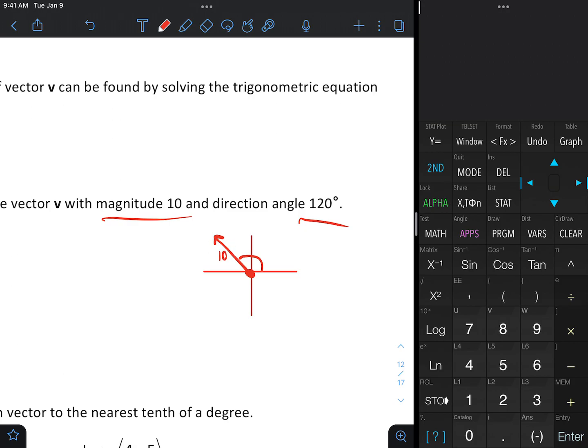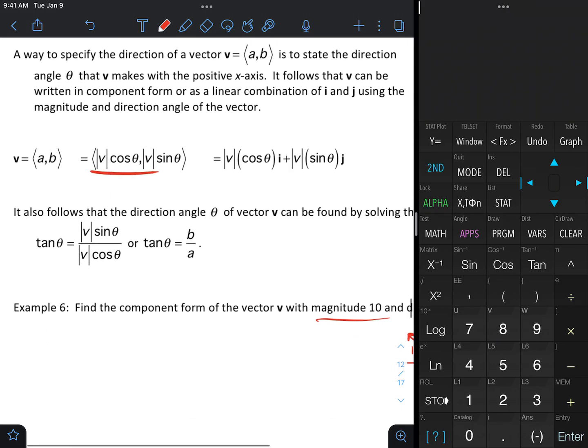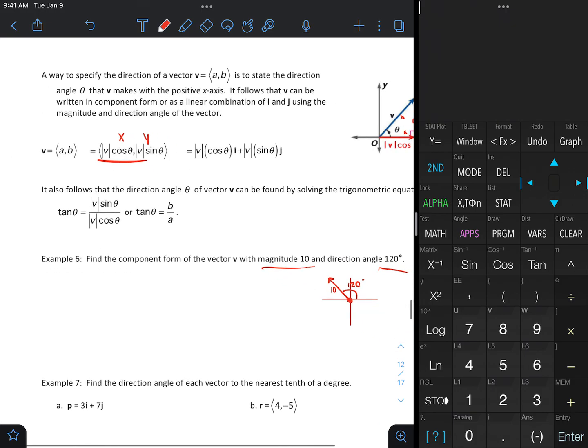You could set up a right triangle if you want, but we have these little formulas, and it's pretty simple. Your magnitude times cosine gets you the x piece, and your magnitude times sine gets you your y. So cosine goes with x, sine goes with y, just like your unit circle.